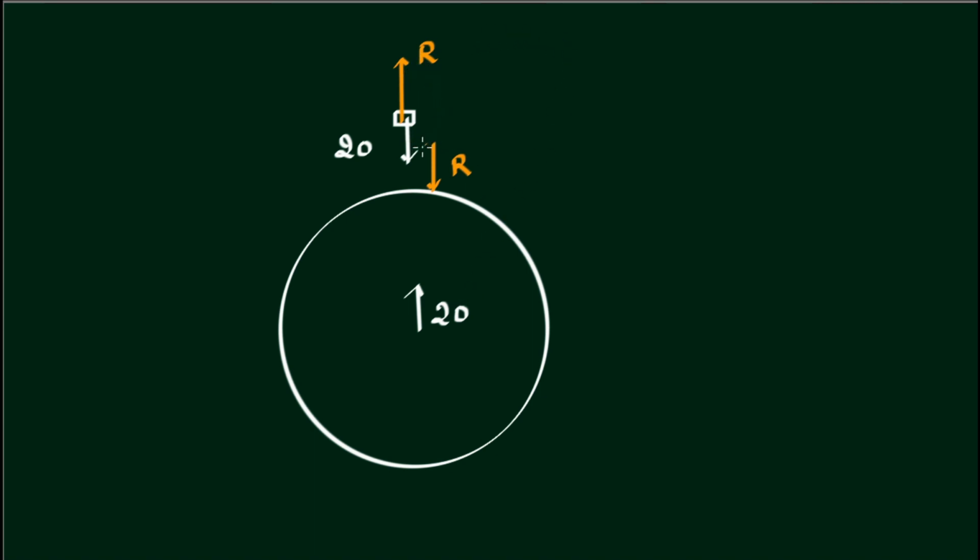So R is not the reaction to the 20 newtons. So R need not be equal to 20. Need not be. And I'm going to give you examples where R is not equal to mg.